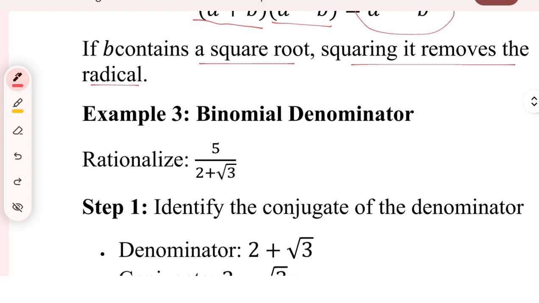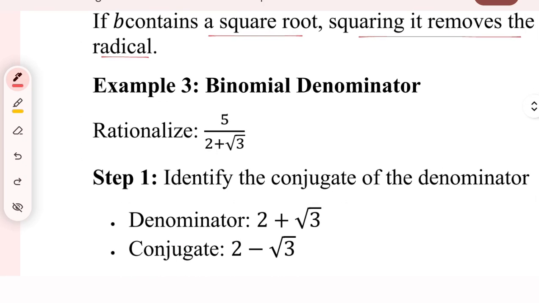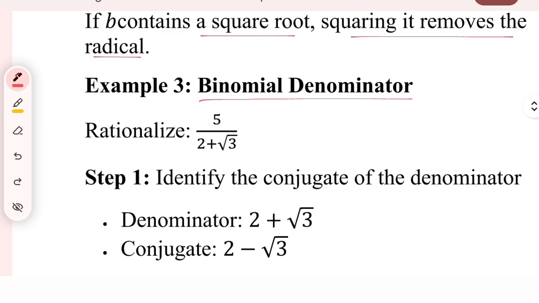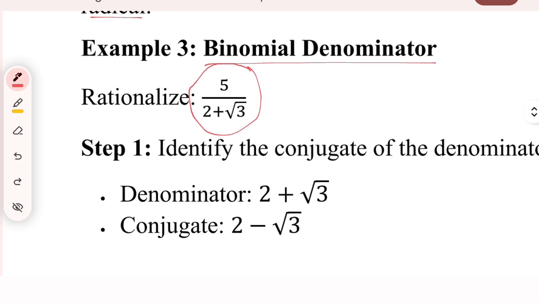Let's have an example here to illustrate this. We have a binomial denominator, and we need to rationalize 5 over 2 plus the square root of 3. Look at the denominator. There are two terms there, 2 and the square root of 3. So how can we rationalize this kind of denominator with two terms?